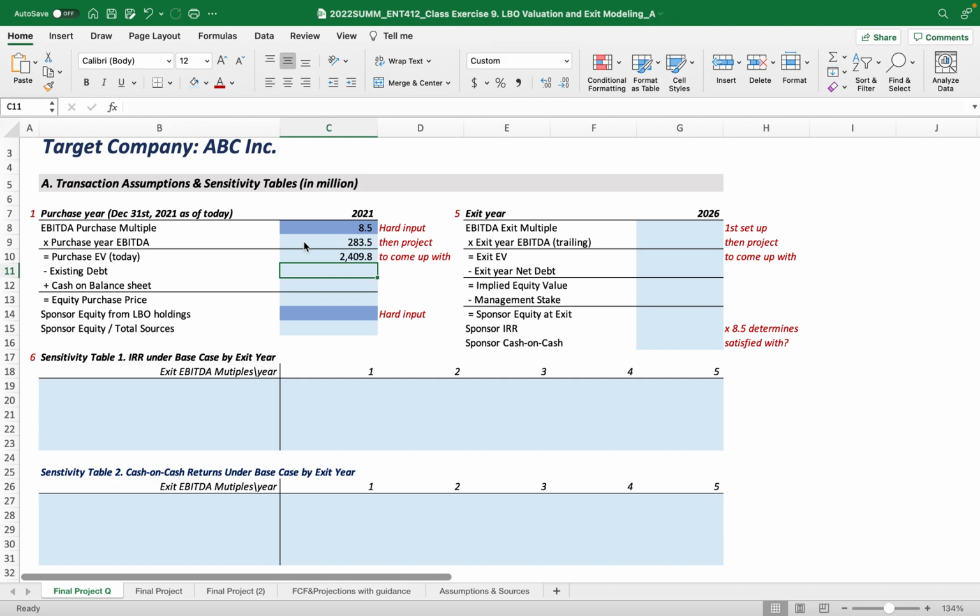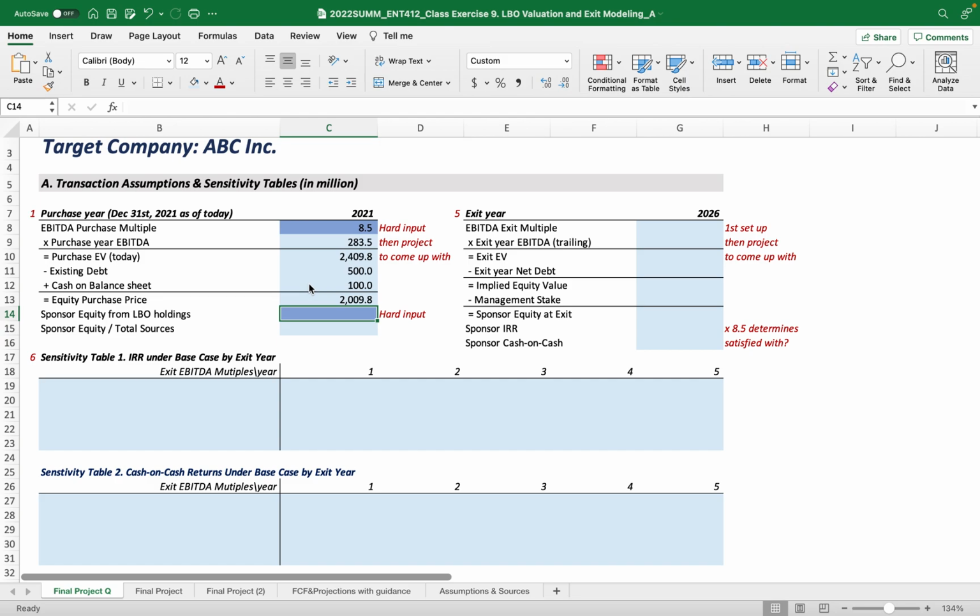If this company has debt of 500 and cash on the balance sheet at inception of 100 million, the total equity purchase price is enterprise value minus existing debt, plus the existing cash on the balance sheet. So $2 billion is the equity purchase price.